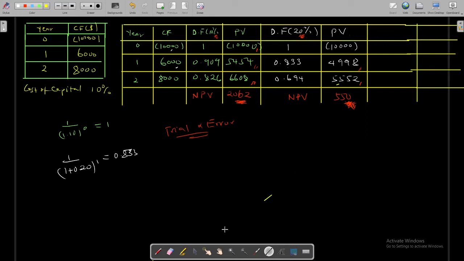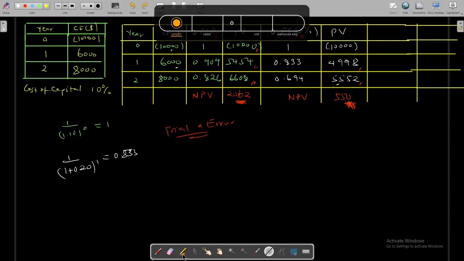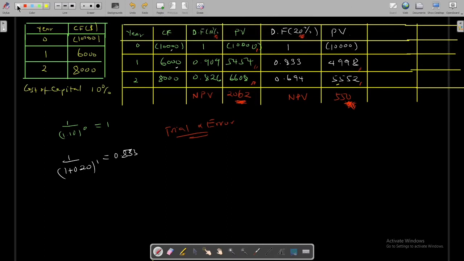So now let's use a discount factor of 30%. So this whole thing is wrong. We cannot use this one. So we are now finding a different discount factor.